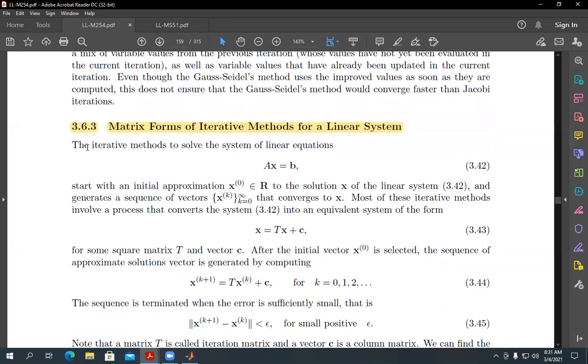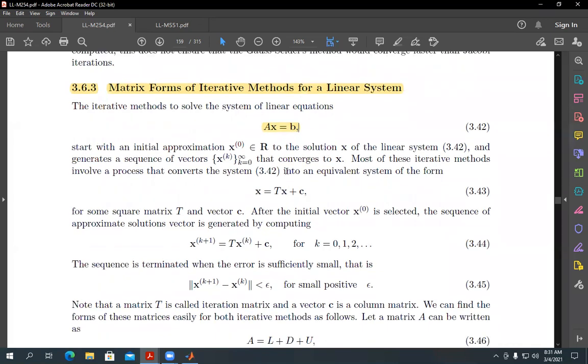So we are given an iterative method for the linear system, and this is a linear system. This is also the shape of the linear system; this one and this one are exactly the same. This is the linear system for the generalized case, and this is the linear system symbol for the iterative case. In an iterative method, we need an initial approximation.